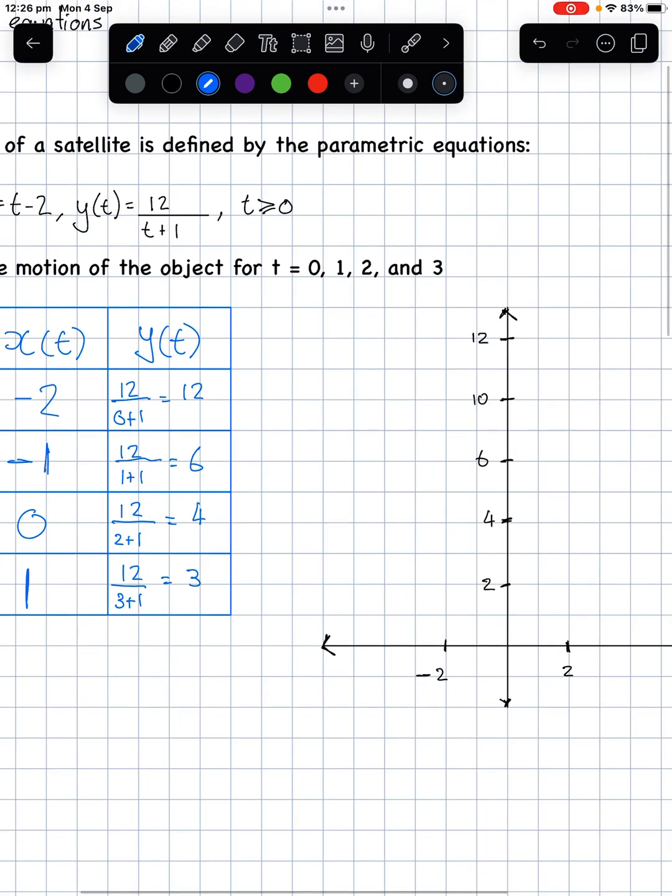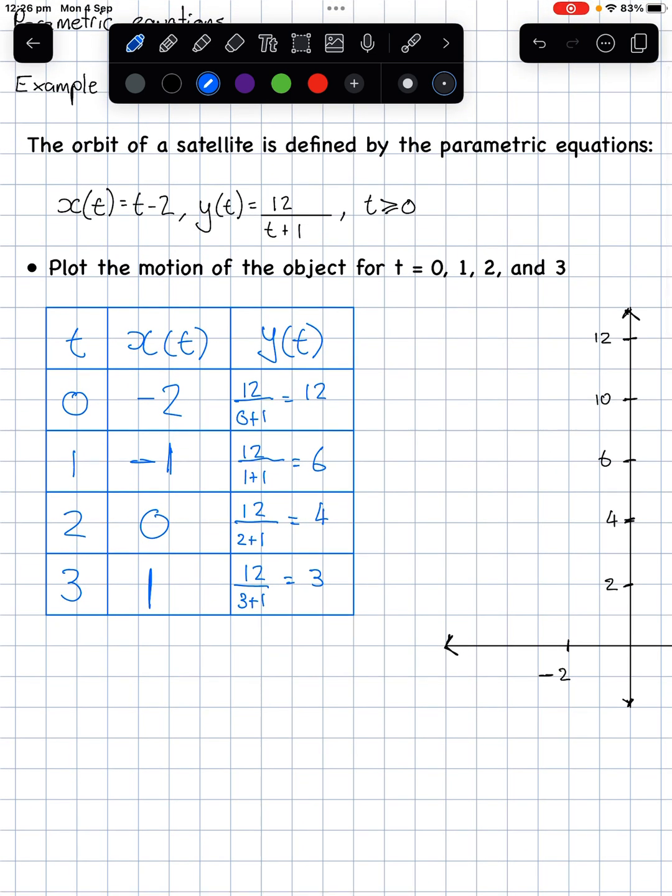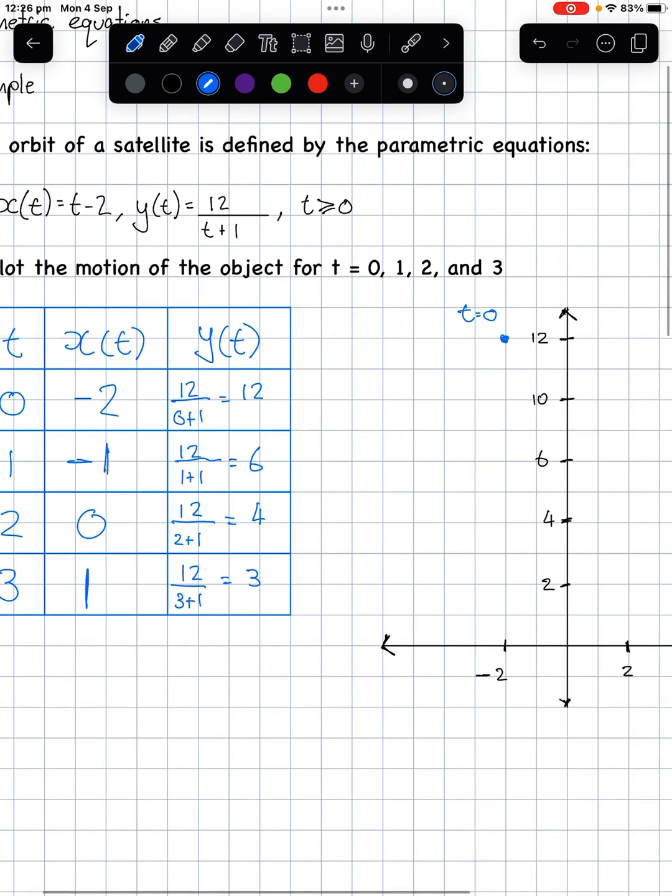We can put these values in and we get our y coordinate for the first one: x equals negative 2, y equals 12. So we've got this value here, and now I need to be a little bit more pedantic. This is t equals 0, and I've got to put these times in. Our next one, t equals 1, we had negative 1 and 6, which is this coordinate here.